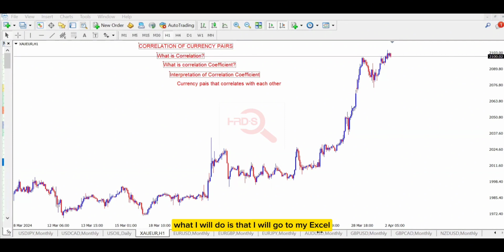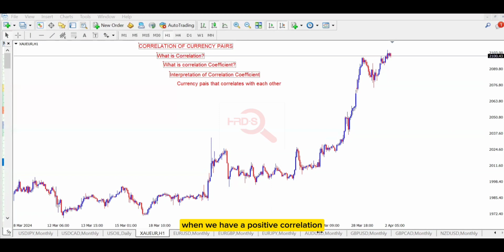What I will do is go to my Excel and input the data of EURUSD and AUDUSD within the same period of time, and then I ask the computer to calculate the correlation coefficient for me. But you can also easily search on Google and find data of already calculated correlation coefficients of these currency pairs or the pair that you are trading in the financial market.